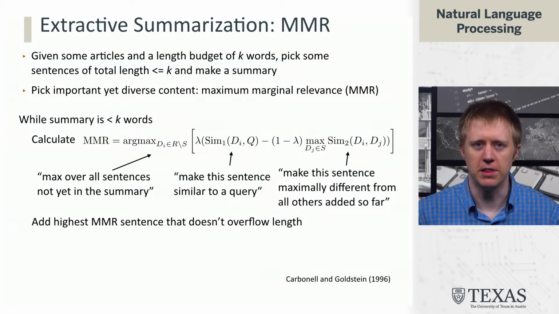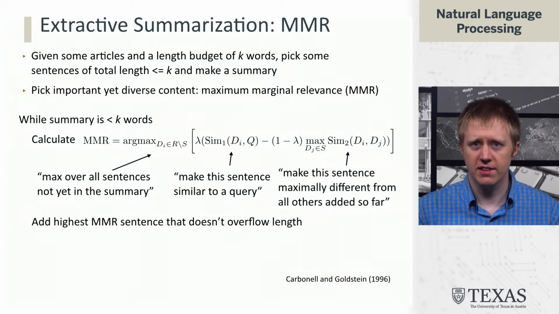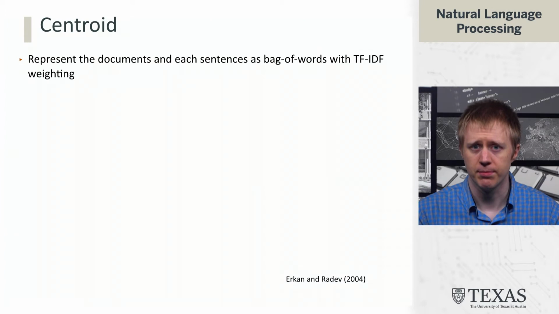And then we repeat this process. We'll keep adding sentences until we get up to k, or we can't add any more without going past k. So this is a general template, a set of ideas that are going to show up again and again throughout these techniques.